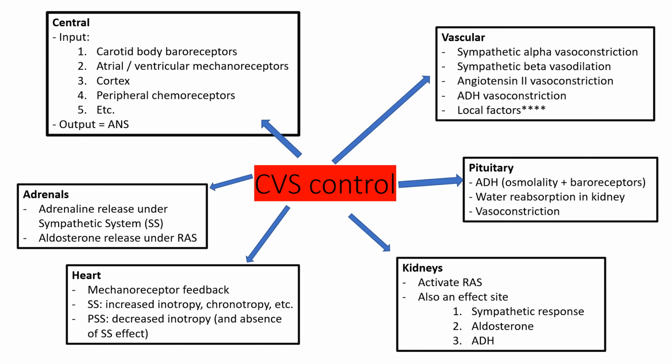Aldosterone from the adrenal glands stimulates the reabsorption of sodium and water in the kidney, and antidiuretic hormone from the pituitary gland stimulates the reabsorption of water in the collecting ducts.